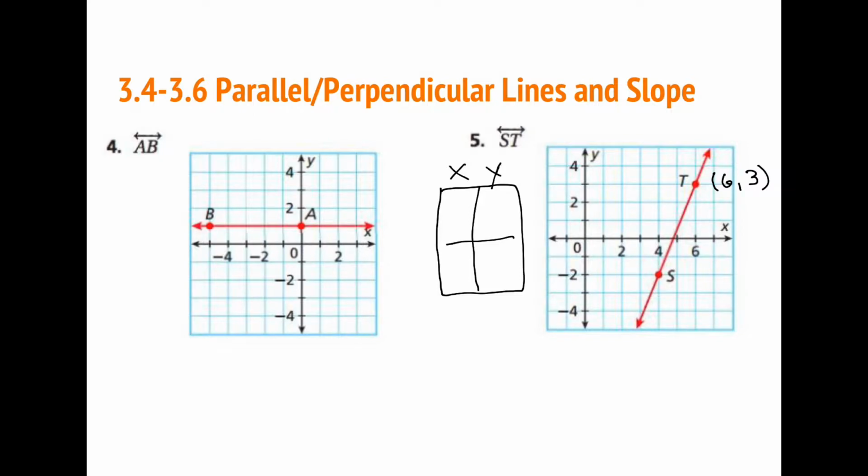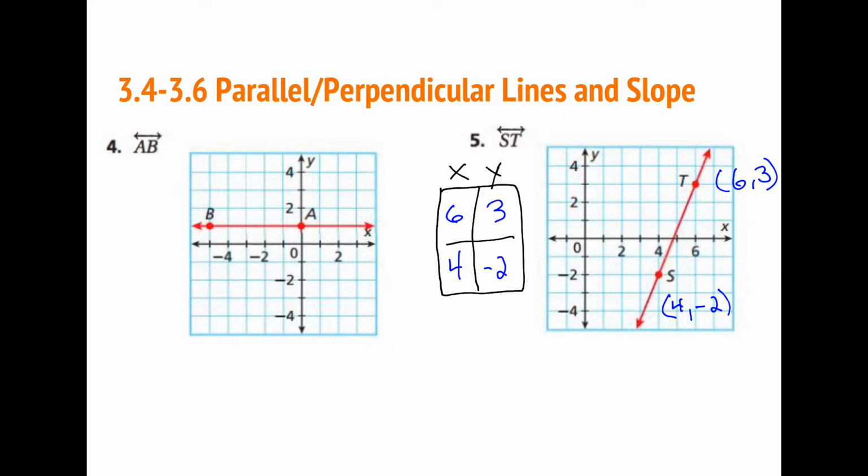So I can put the 6, 3 into my table right there. Let me try and color code this for you guys too. So 6, 3. And we've got our point S, which we will label as 4, -2. Once again, it's just x, y, so we're just going to put that into our table.